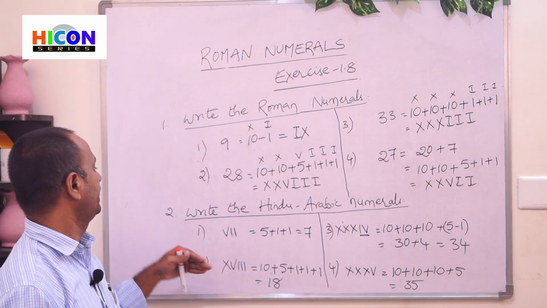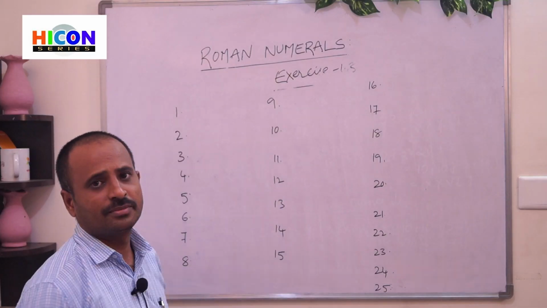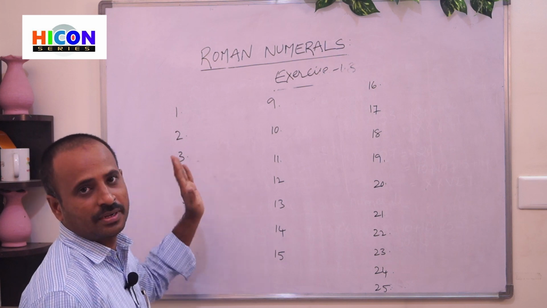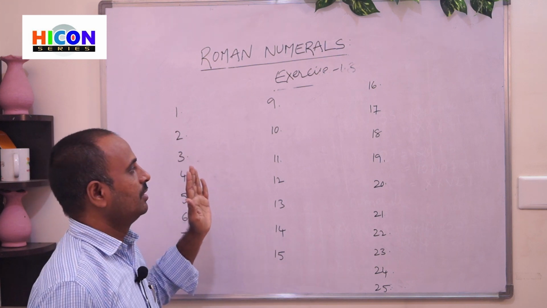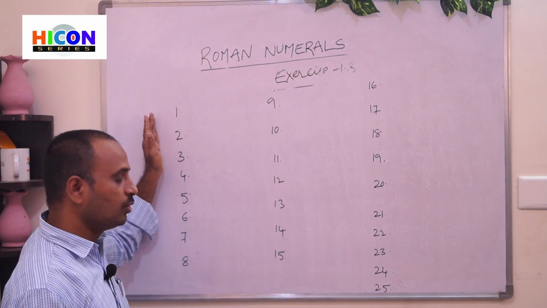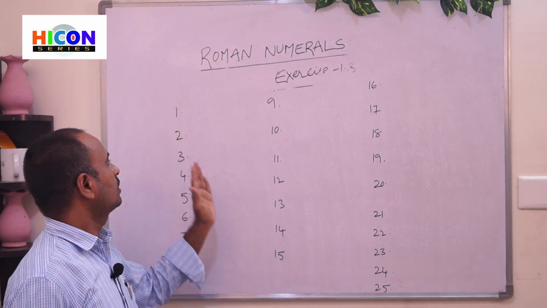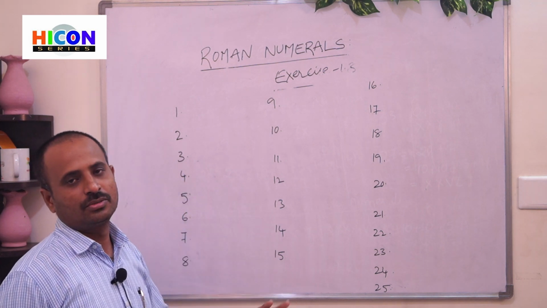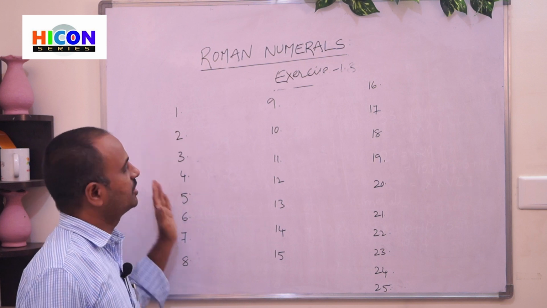So let us see the next, third section. Okay children, this is one more exercise in this chapter. That is how to convert our numbers, up to 1 to 39, conversion of Hindu-Arabic system into Roman numerals.